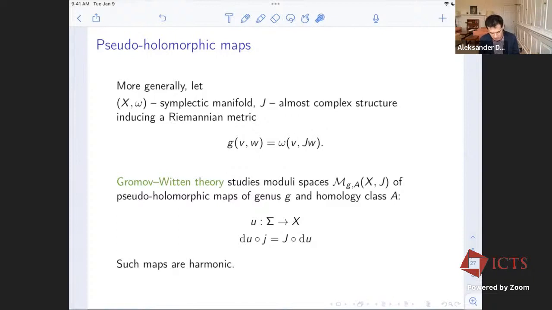In particular, an important property is that all such maps are harmonic. In other words, their image is minimal, it minimizes volume, area, in its homology class. So of course, we recover the previous setup by considering J to be an integrable complex structure and u being an embedding of a holomorphic curve.